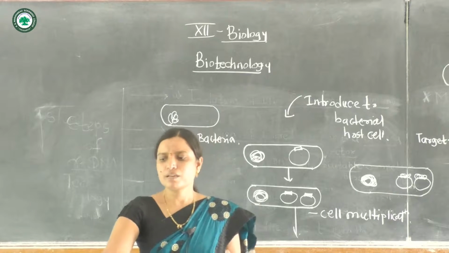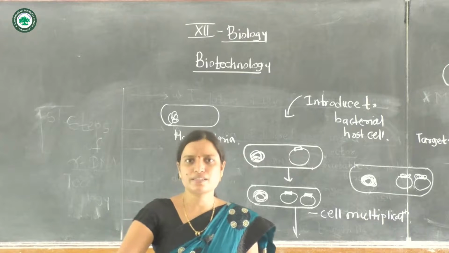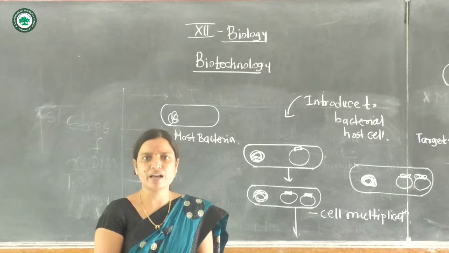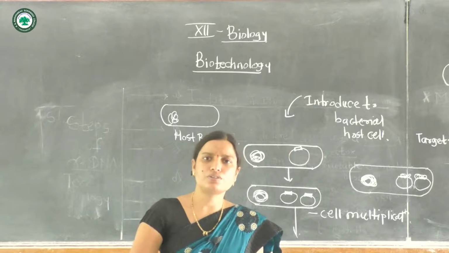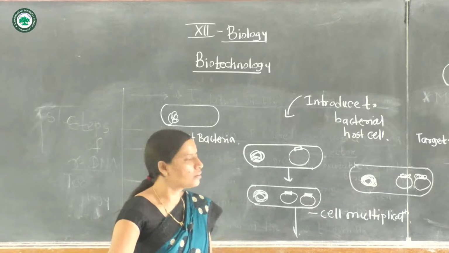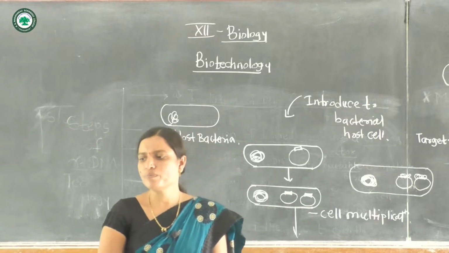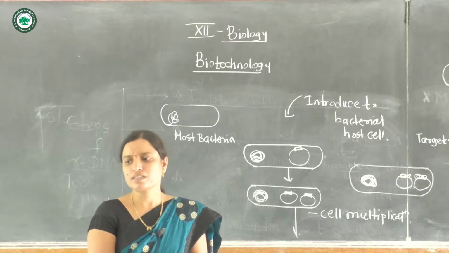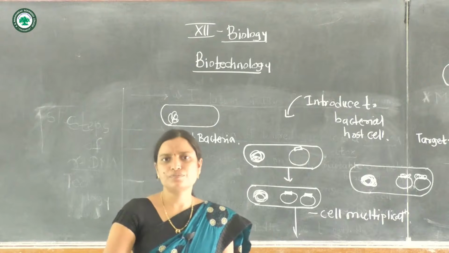This cell multiplication takes place, and the cells are separated through a screening process. Now in this step they transfer the cells and introduce them in the culture. Now the last step, in these steps, is the expression of the gene to obtain the desired products. The next steps involve the production of the desired gene product.